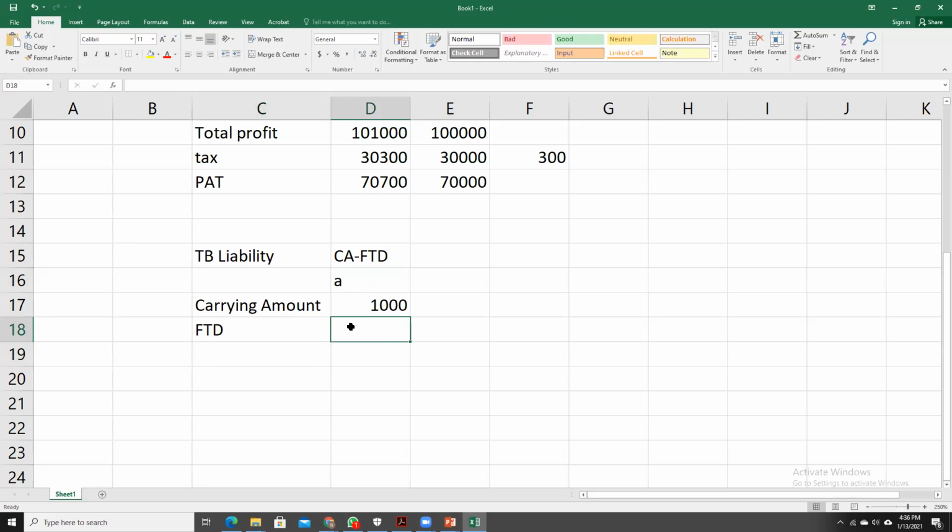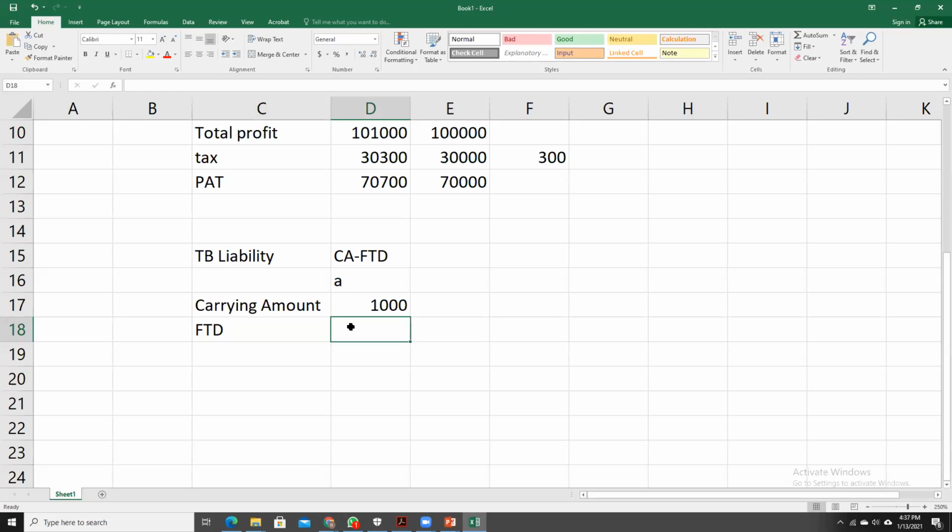We have calculated profit based on accounting rule, and this is an expense. It is payable. Do we include this expense in accounting profit or not? When we calculate the accounting profit, do we consider that as an expense?